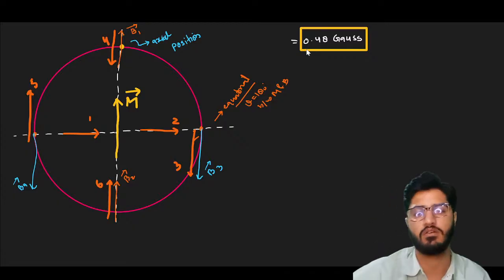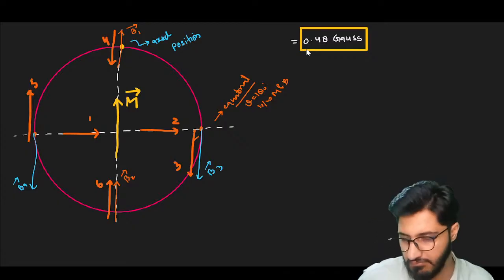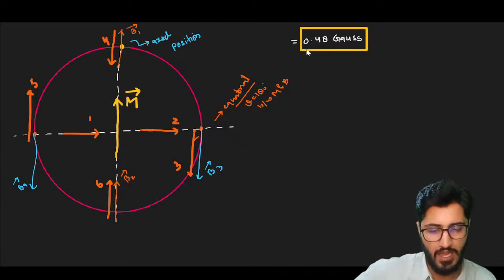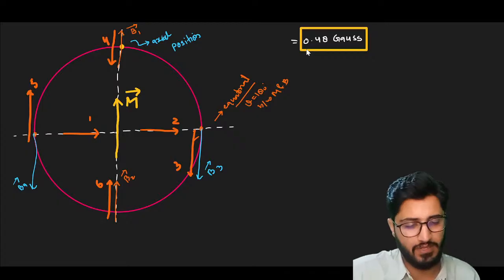Now comment which one will be in stable equilibrium and which one will be in unstable equilibrium.